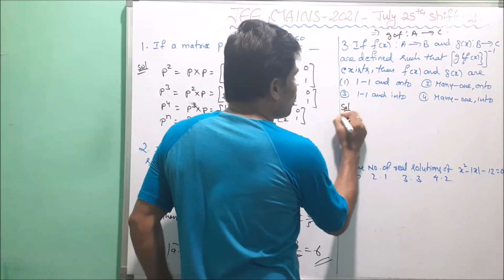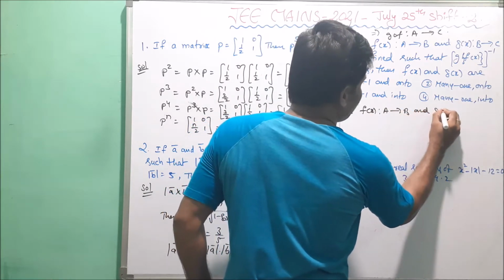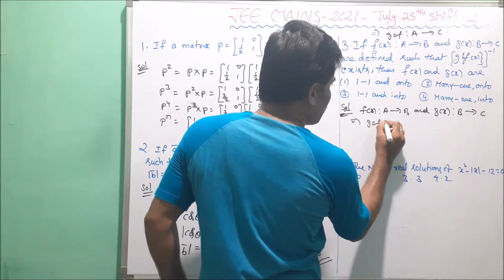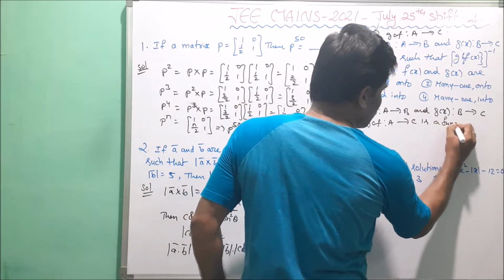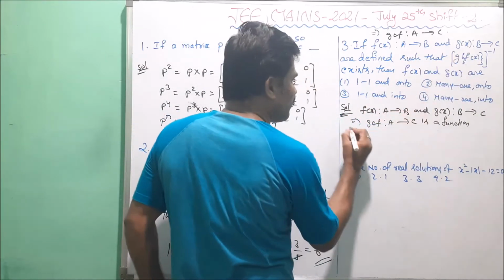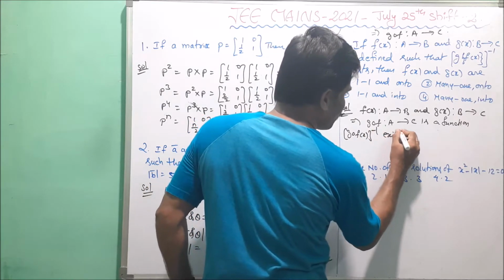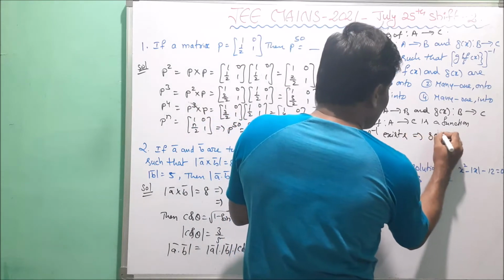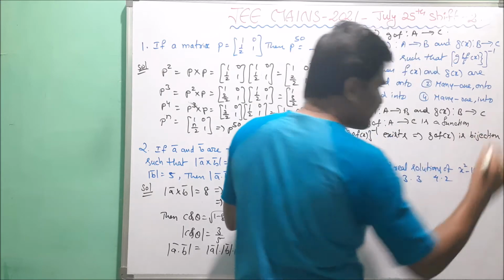So first we take f(x) from A to B and g(x) from B to C. We write g∘f from A to C is a function, and in our problem the given condition is that (g∘f(x))⁻¹ exists. Since it exists, this implies g∘f(x) is a bijection.